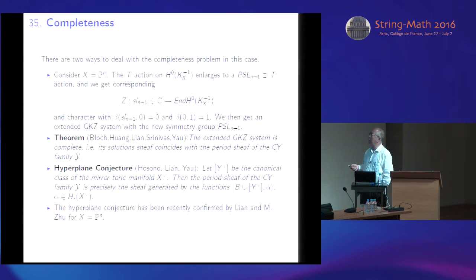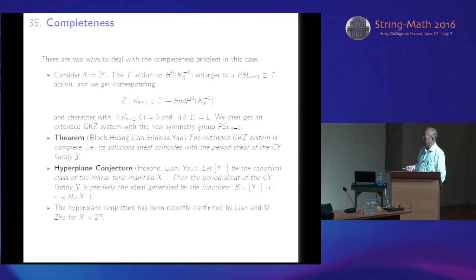Now we enlarge it to SL n plus 1. With the character defined the same way, we then get an extended GKZ system with a new symmetry group, which is now PSL n plus 1. After you extend it, this extended GKZ system is complete. So after you enlarge the group of symmetry, the solution space becomes the period sheaf of the Calabi-Yau manifold. So that's good. It solved the completeness problem in this case.